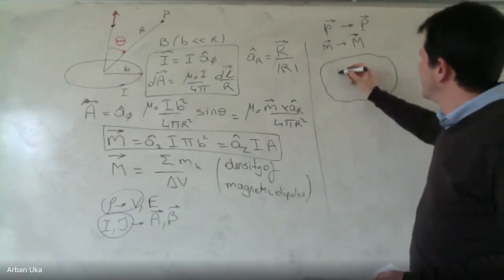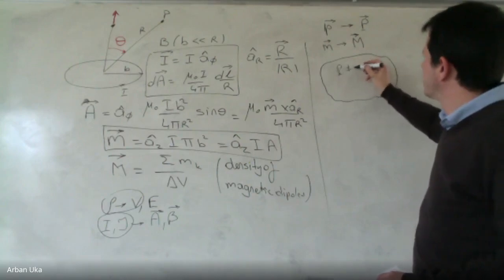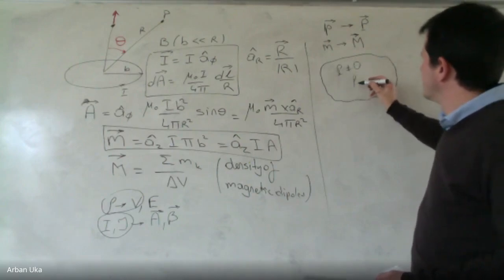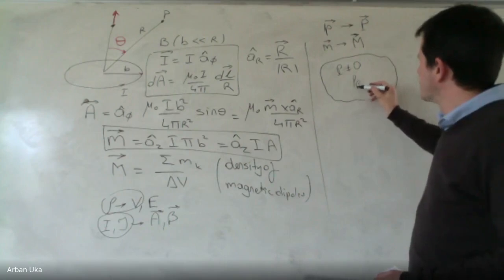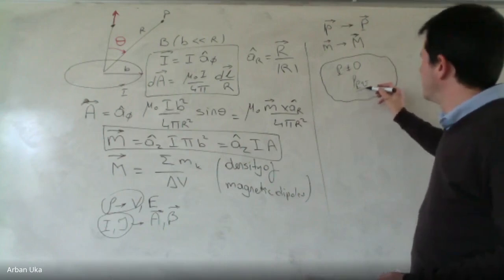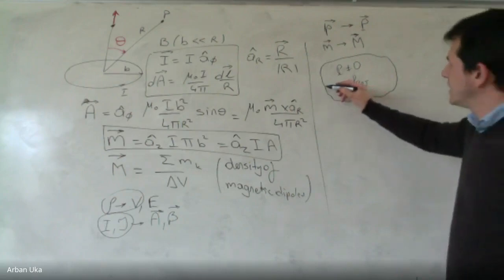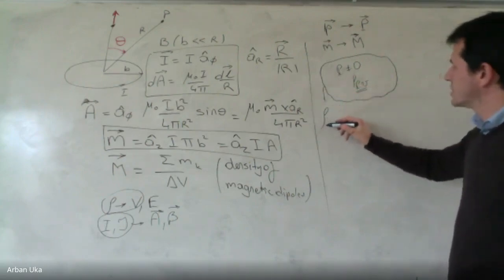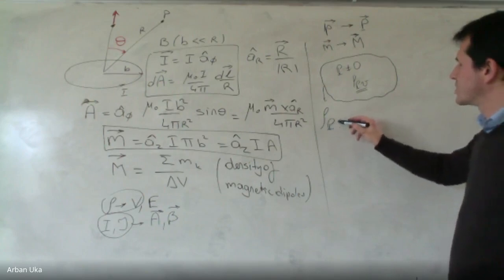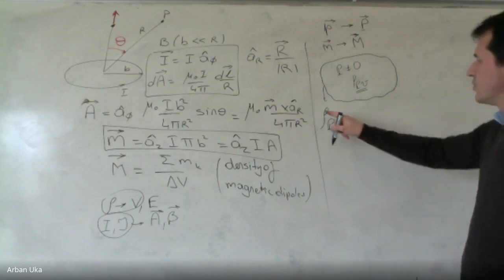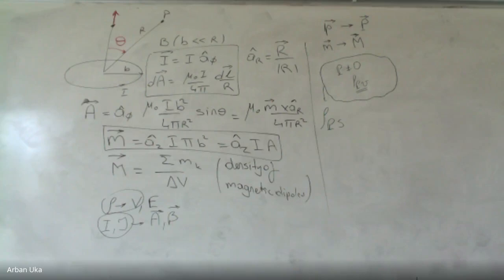Now, if the polarization vector is different from zero, we can determine the charge density because of the polarization in the volume. We used to call this one rho PV. At the same time, on the surface, we can have a charge density because of the polarization of the surface. So we can have rho PS, which is the charge density because of the polarization on the surface.